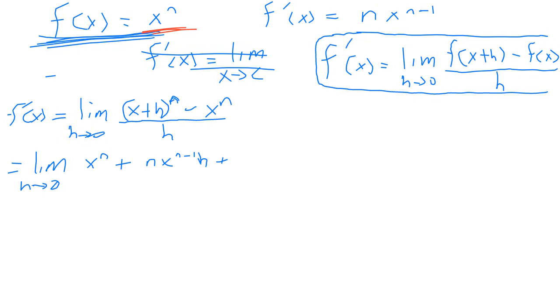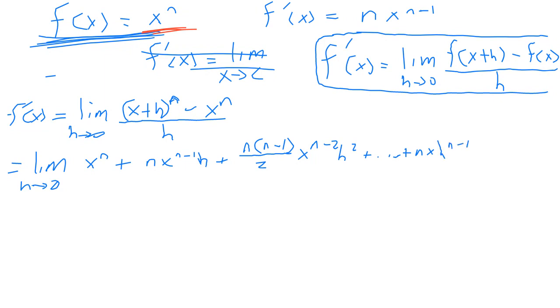n times n minus 1 over 2 times x to the n minus 2, h to the 2. I don't need any extra terms. I'm going to put in n x to the 1, h to the n minus 1.